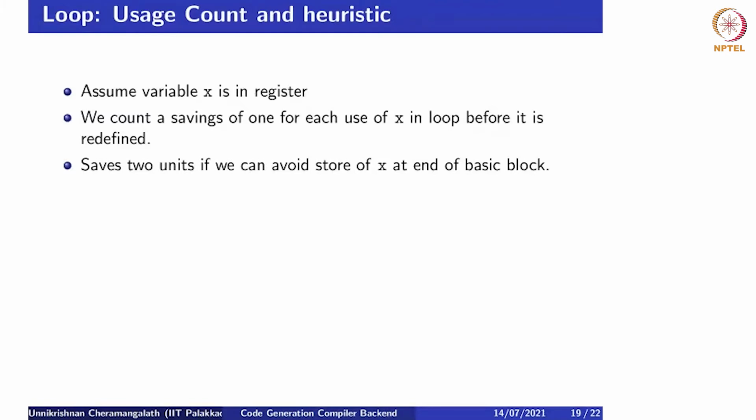If a value available in the register is used before it is redefined, we count a saving of 1 because the value is used again. We save 2 units if we can avoid a store of x at the end of the basic block. So at the end of the basic block, why do you need a store?